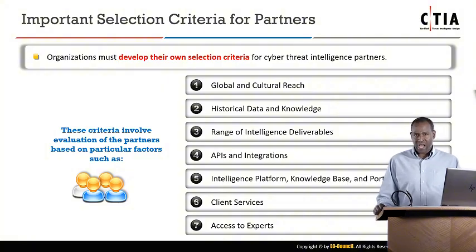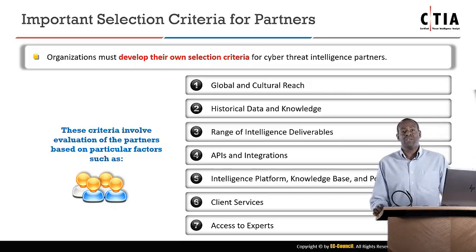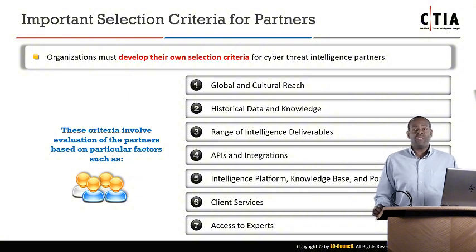So how far and wide does this potential partner reach? Number two, historical data knowledge. Is this information only germane to this year, or the last 5 years, or the last 10 years? Number three, the range of intelligence deliverables. Are they able to give you intelligence on all of the areas that your organization is looking for?